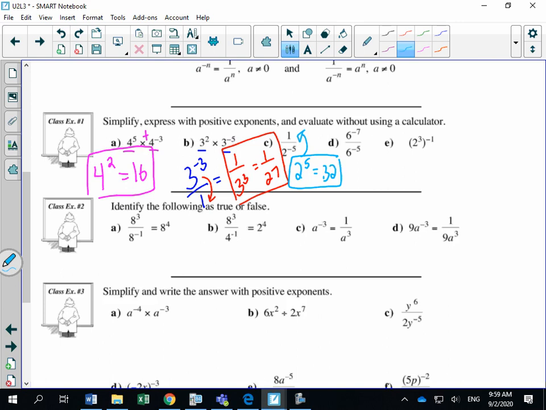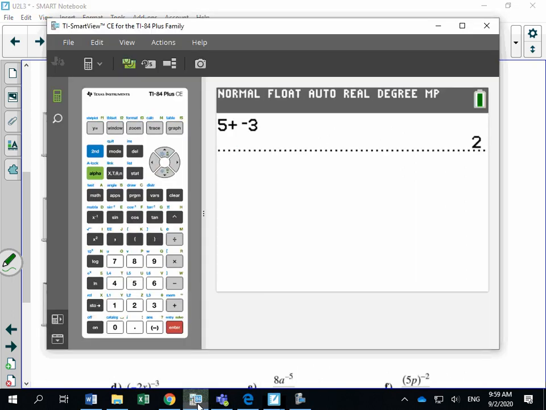For D, bases are the same, so you write that 6, and then we're going to subtract. With division, I always tell my students to actually write it down. So negative 7 minus negative 5. With division, when we're subtracting exponents, students tend to get that wrong in their head when they do it quickly.